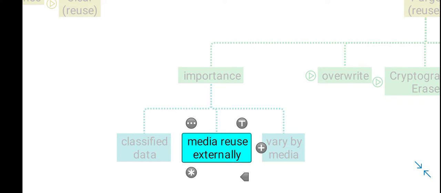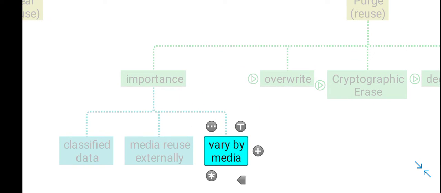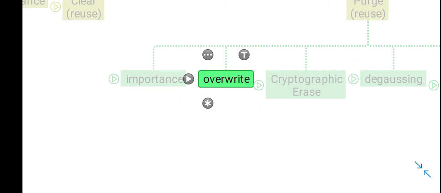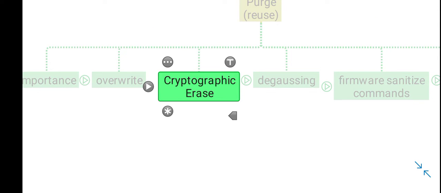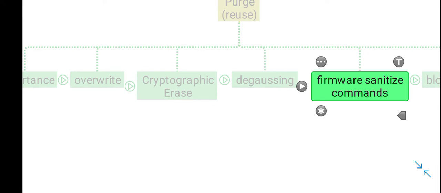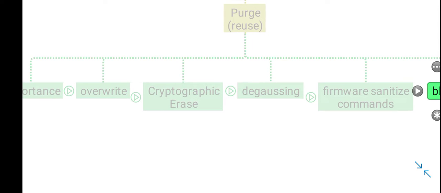Purge also varies media by media type. There are different techniques, for example overwrite, cryptographic erase, degaussing, firmware sanitization commands, and block erase. These are all purging techniques.